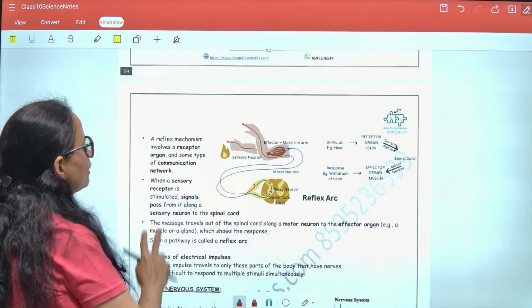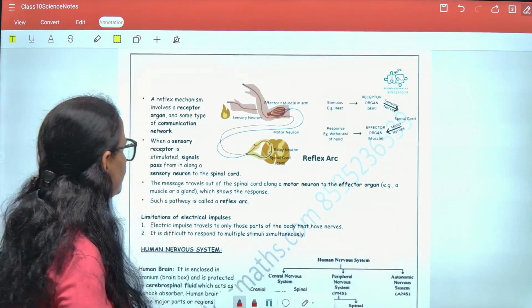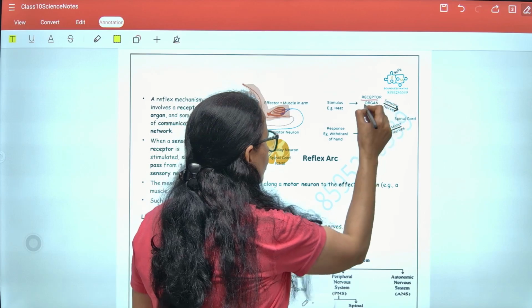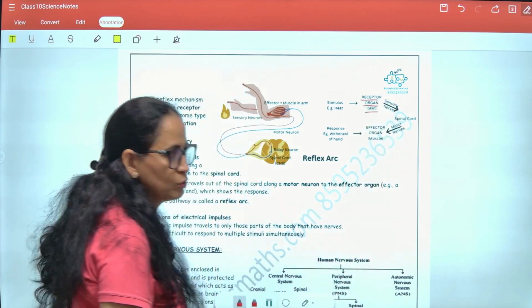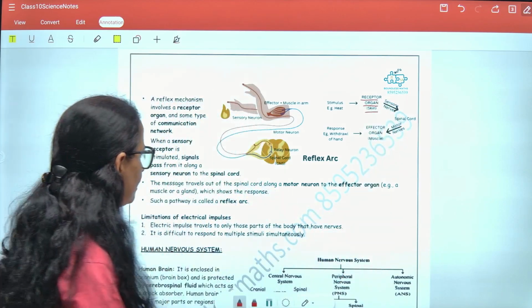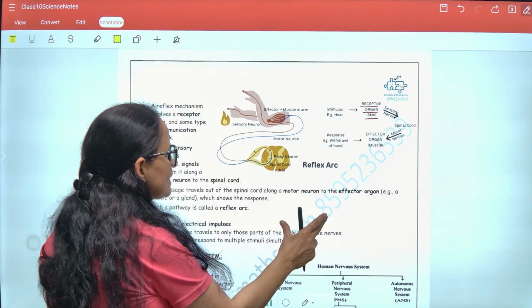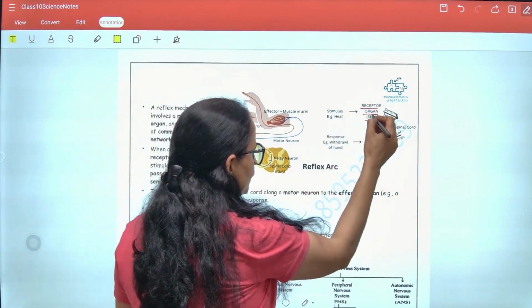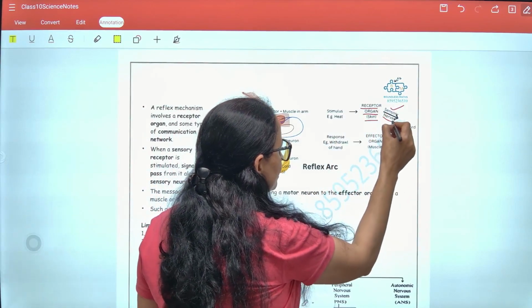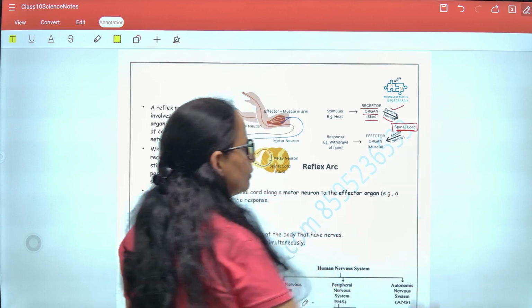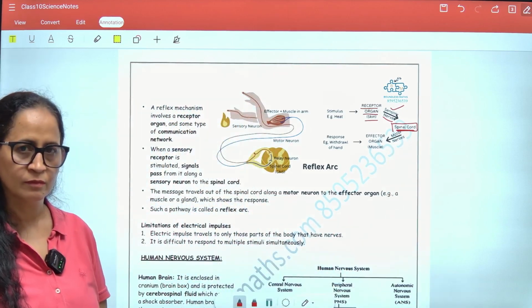So now let's look at how the reflex mechanism works. It starts from the receptor organ, usually the skin. It could be any other sense organ also, not just skin. The stimulus is sensed by this receptor organ, and through the sensory nerves this information reaches the spinal cord, right?